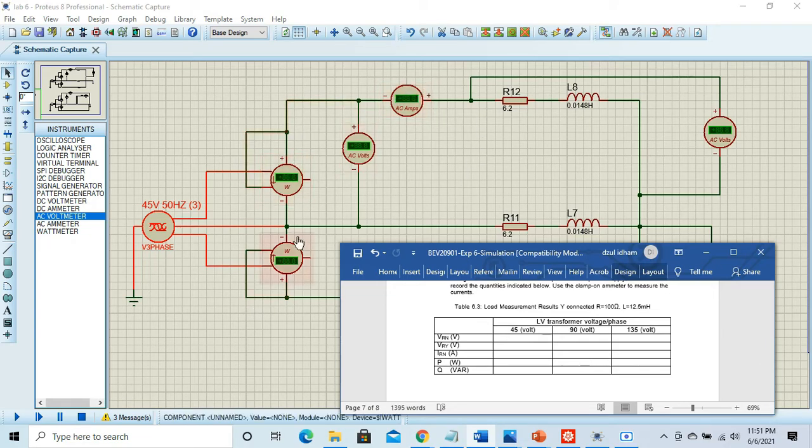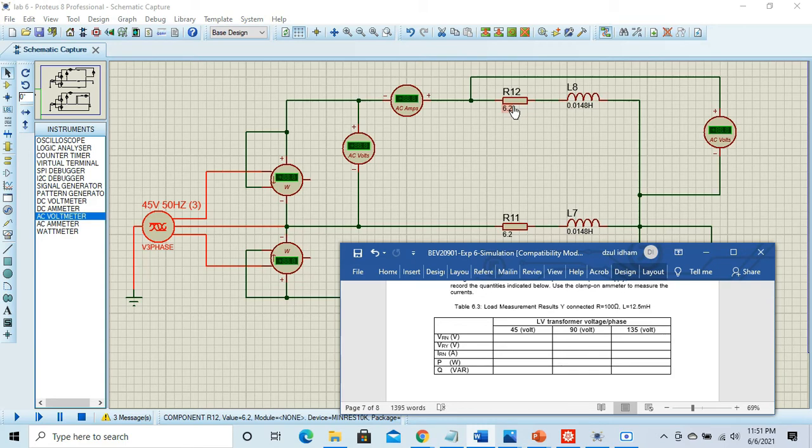This is the power in watts. Later we can change the unit to var and get the Q value, and that's all.